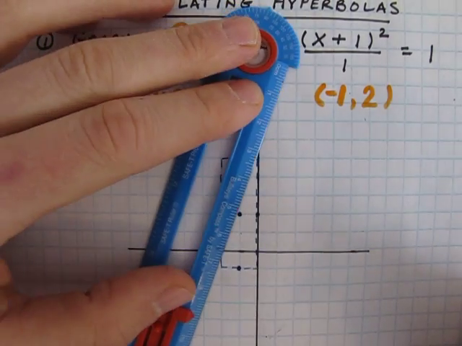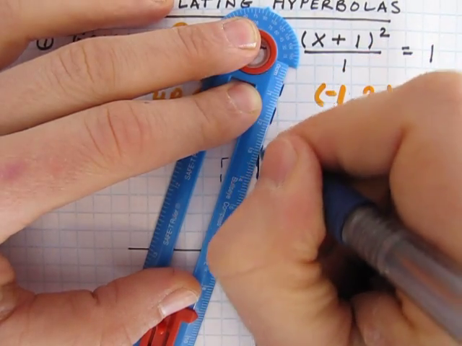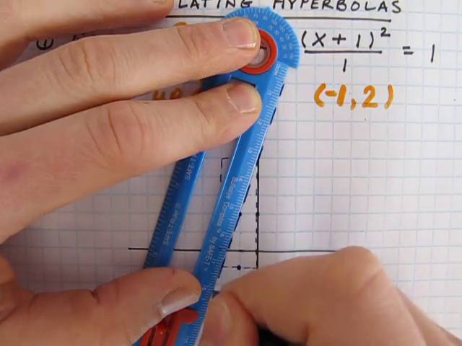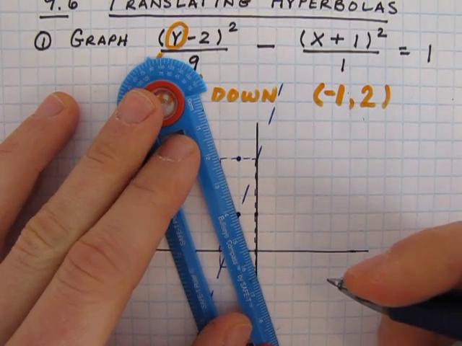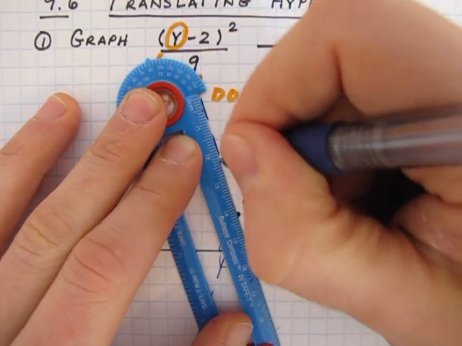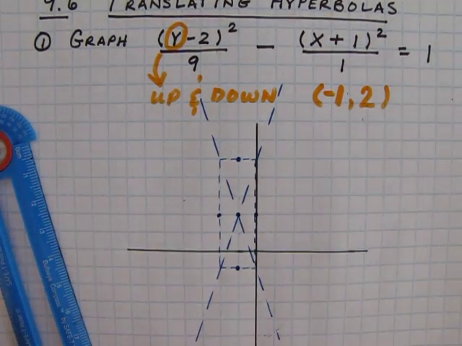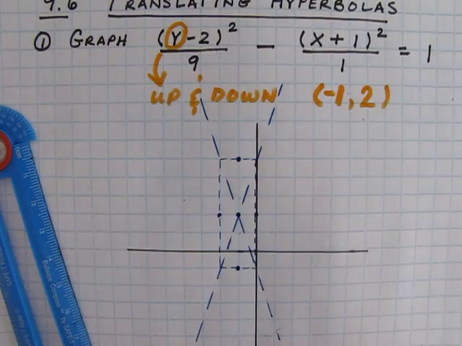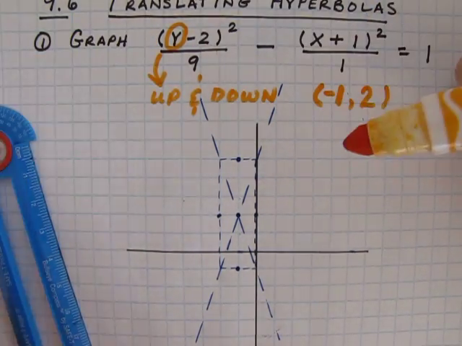Now that we've got the box, we can build our asymptotes. They just run right through the diagonals of the box. And now we can draw the hyperbola. We did some important legwork early because we identified that this is going to be an up-down.